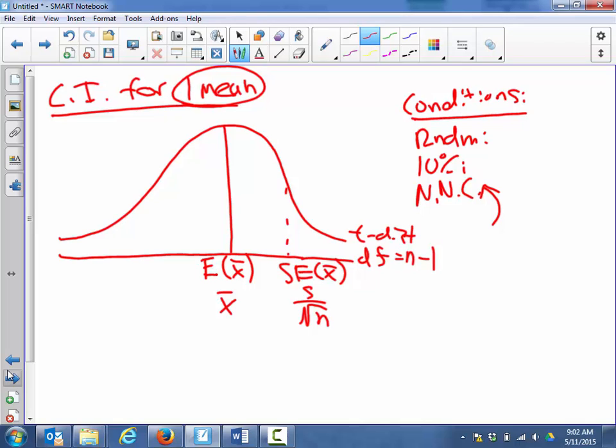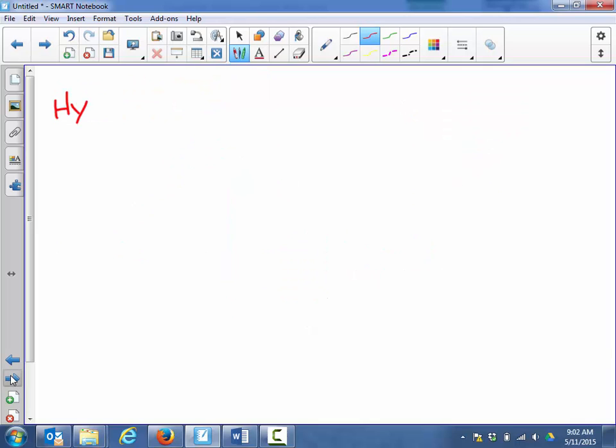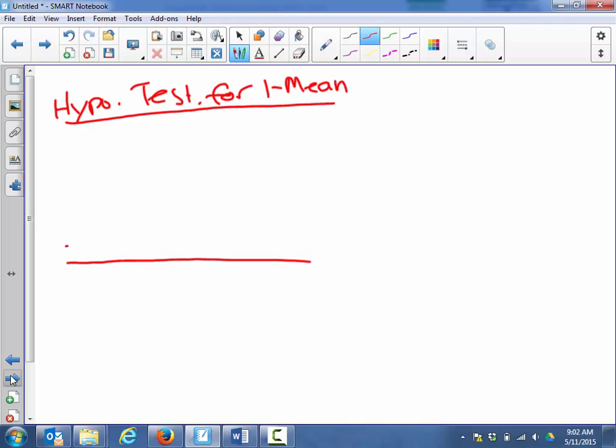The nearly normal condition is going to be checked by making a histogram of those 20 heights and seeing if that histogram is unimodal and symmetric. The distribution of my sample is unimodal and symmetric. Okay, so there's a confidence interval for one mean. Finally, for one mean, we've got the hypothesis test for one mean.